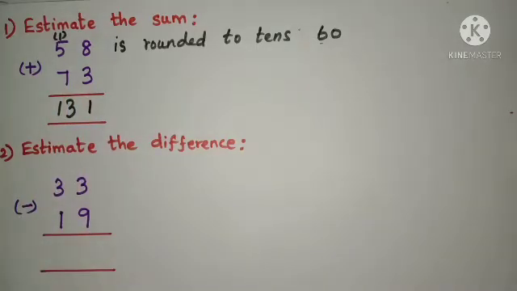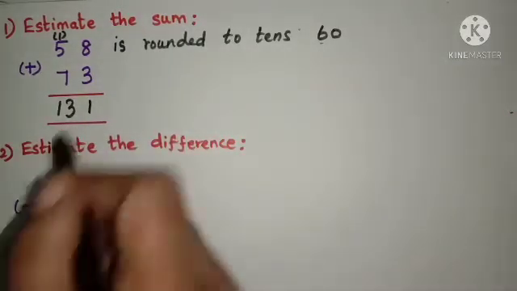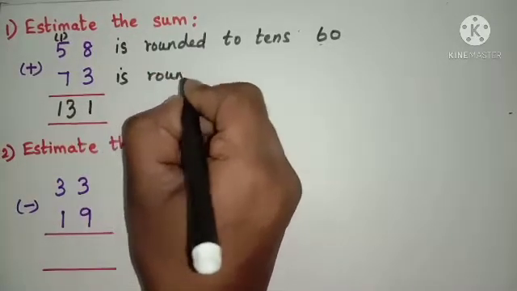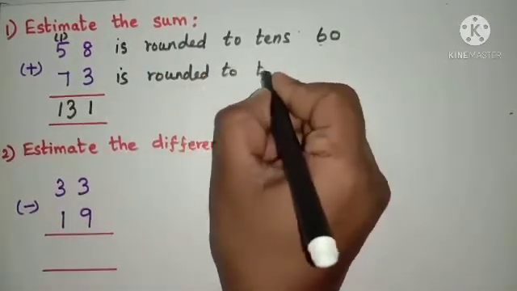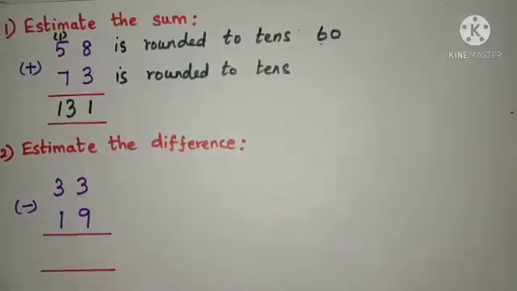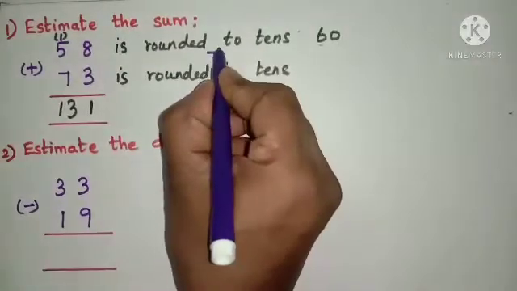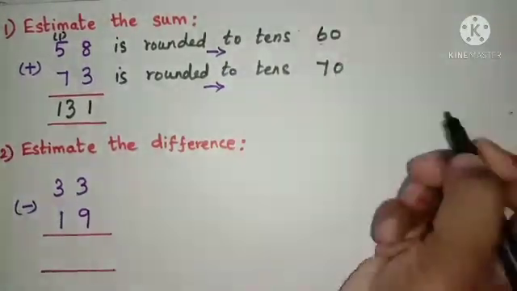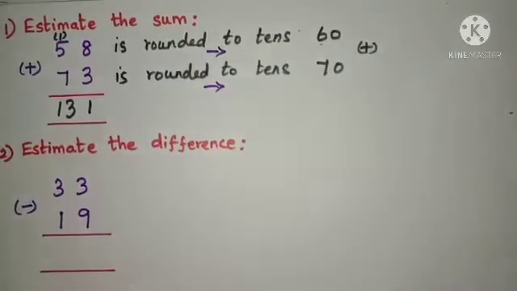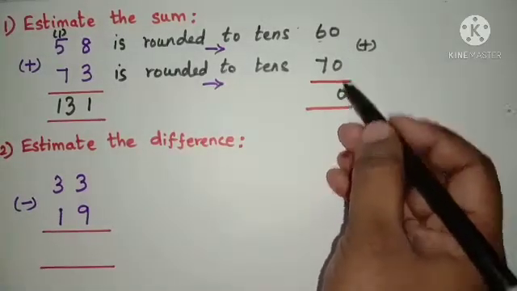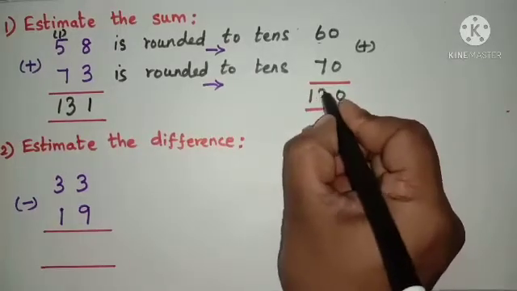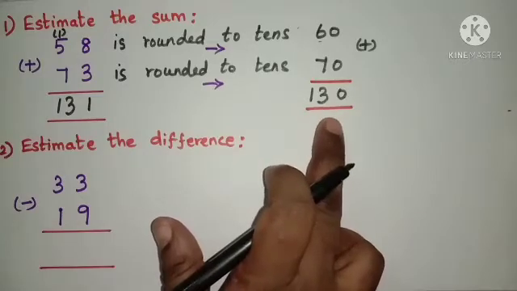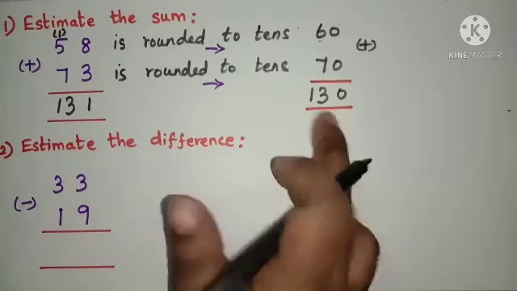It becomes 70. Children, now write down 73 is rounded to tens. It gives 70. Now add these two numbers. 0 plus 0, 0. 6 plus 7 is 13. The estimated value is 130.